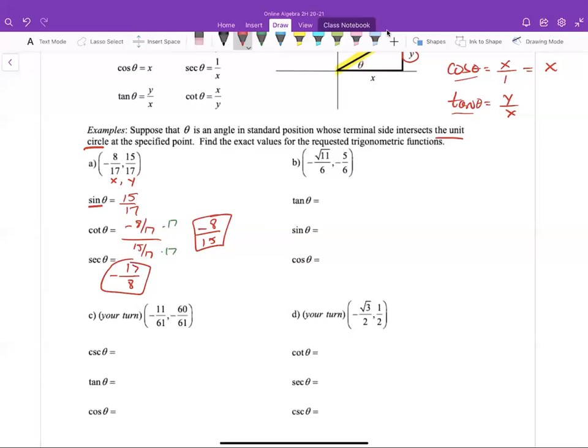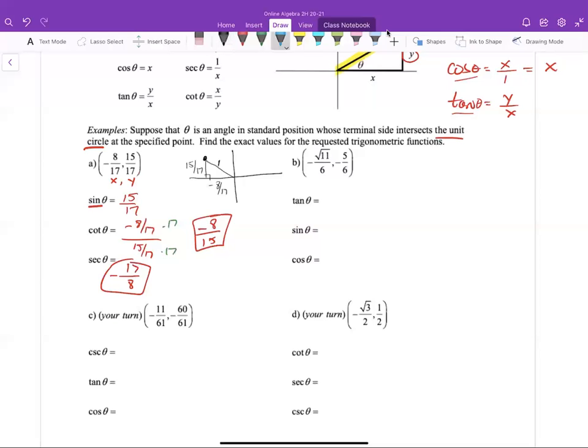Okay, so let me show you. You could actually decide that you wanted to draw this triangle, and the x side is negative, the y side is positive, and this unit circle has a length of 1 for the hypotenuse, and we know that the x is -8 over 17, and the y is 15 over 17.